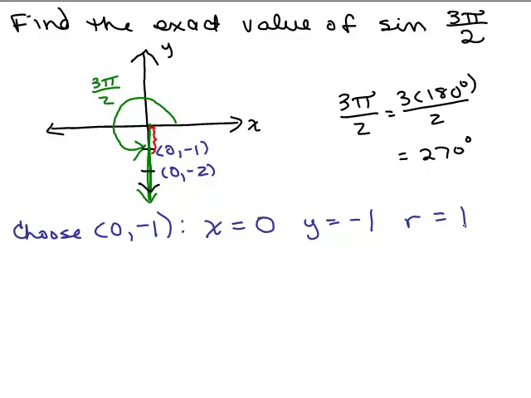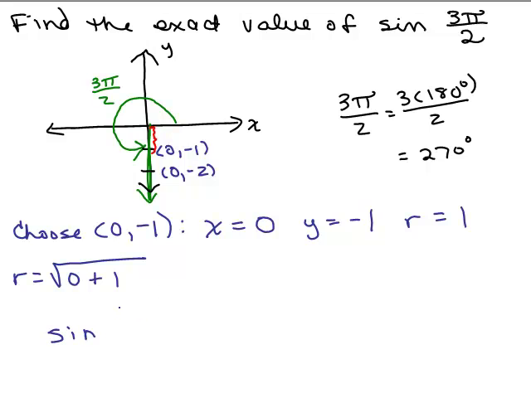It's just one space. But if that doesn't make sense to you, you of course could say that r equals the square root of x squared, which is 0, plus y squared, which is 1, and of course the square root of 1 is 1. So here are our 3 values. So now we need to get the sine.